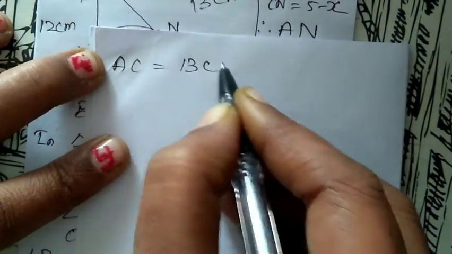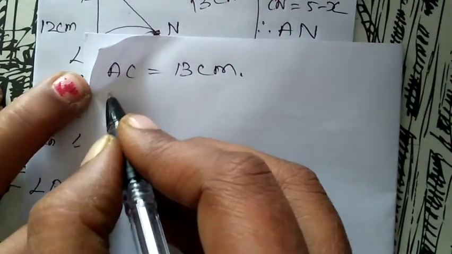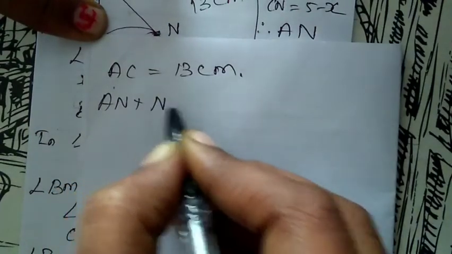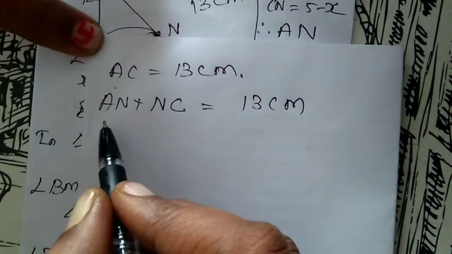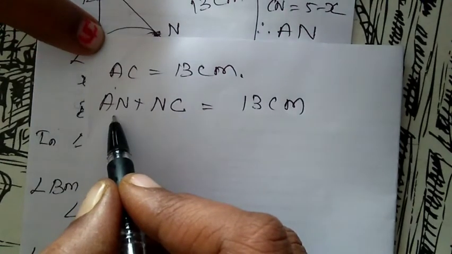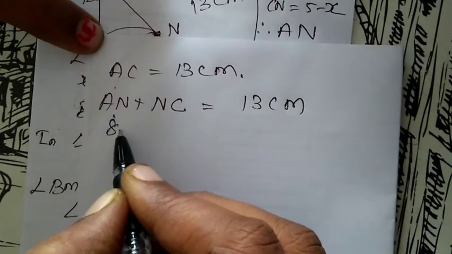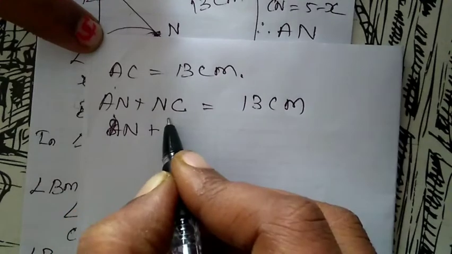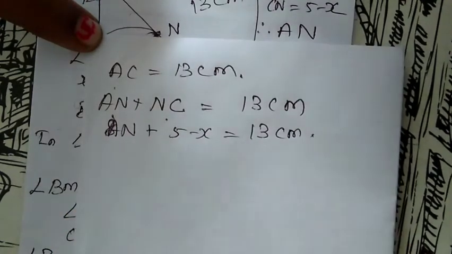AC is equal to 13 centimeter. AC can be split as AN plus NC is equal to 13 centimeter. NC we got as 5 minus x.